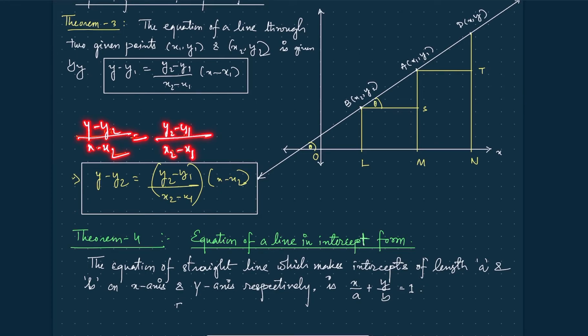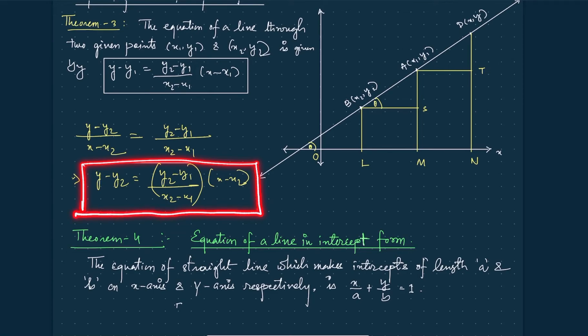Now y minus y2 is equal to y2 minus y1 by x2 minus x1, multiplied by x minus x2.